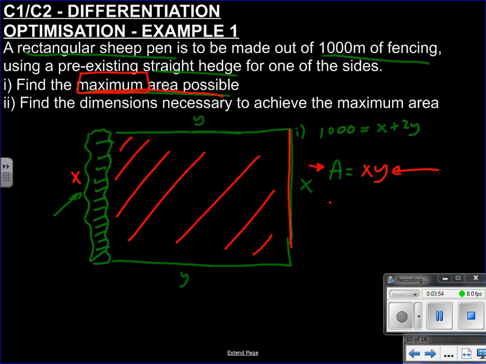You're so used to having y equals and then going, oh, dy by dx equals, but it doesn't matter. You could have z equals 4t squared, and dz by dt would equal 8t. Can you see? Whatever the variables are, you can just differentiate as normal.